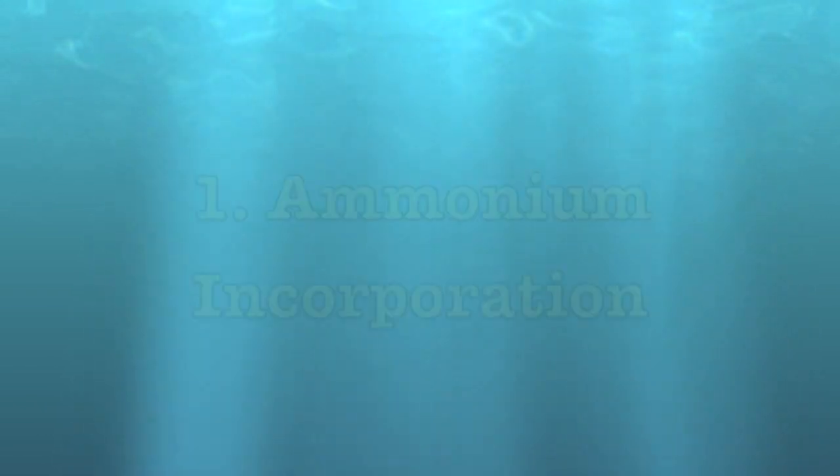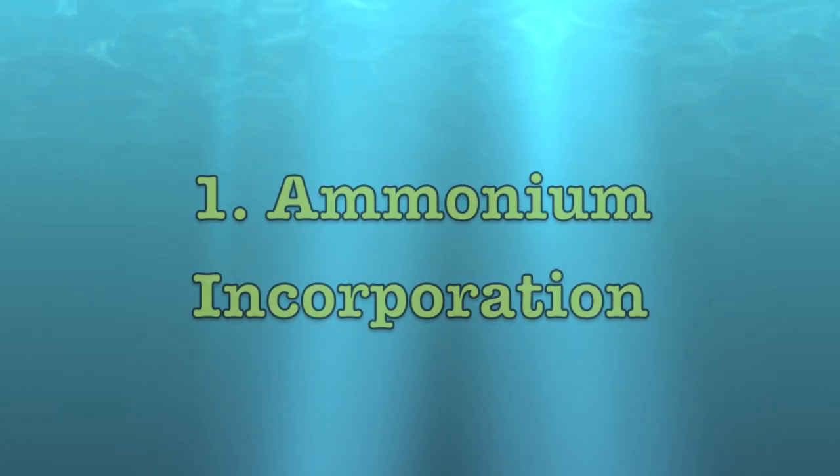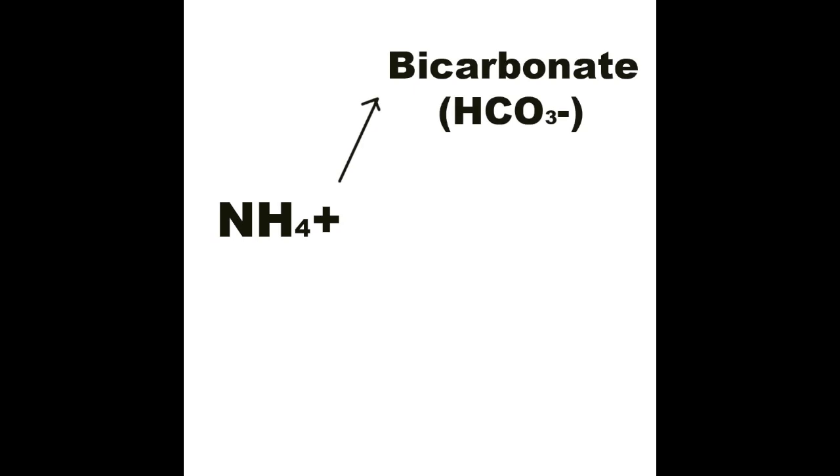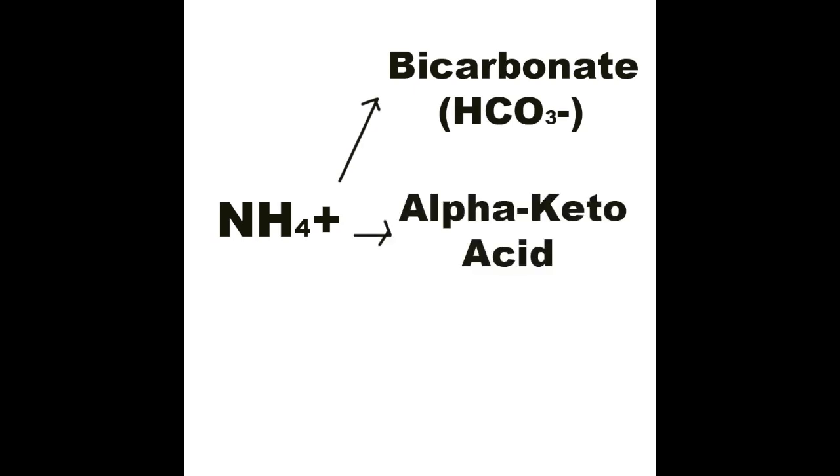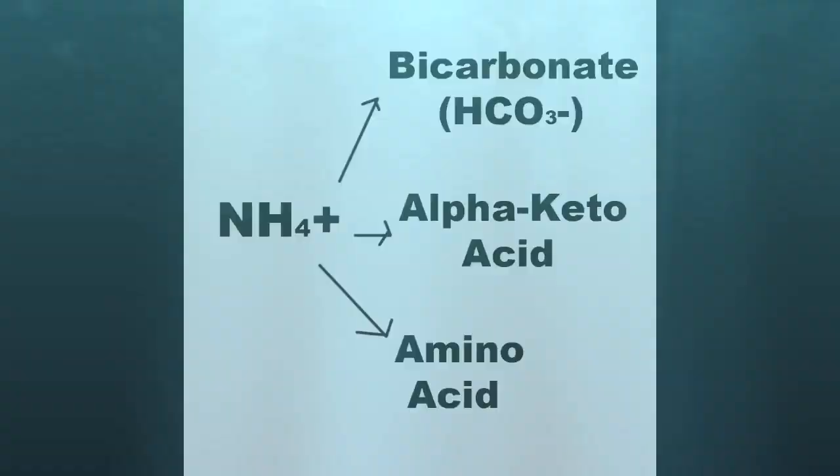The essence of ammonium incorporation is the idea that you take a free ammonium ion and you attach it to an organic molecule, typically a bicarbonate, an alpha keto acid, or an amino acid. After the ammonium ion has been incorporated and becomes an amino group, it can be transferred between all sorts of different types of organic molecules in a whole variety of pathways.